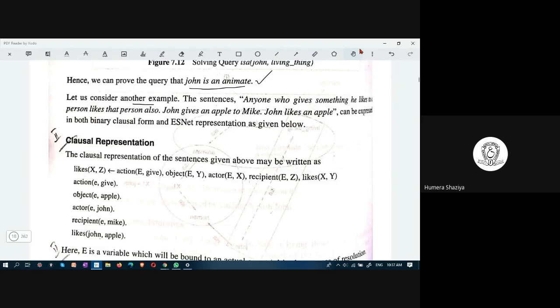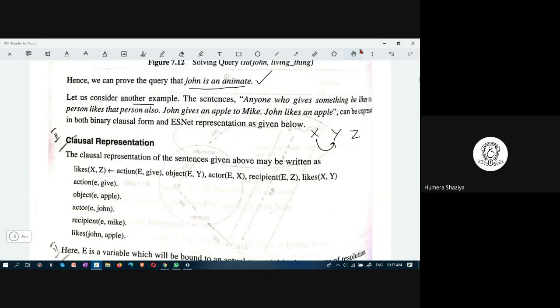What happens here? What this sentence says is, if somebody, say X, is giving something, say Y, to another person, say Z, and he likes whatever he is giving, here it is Y, what does it imply?